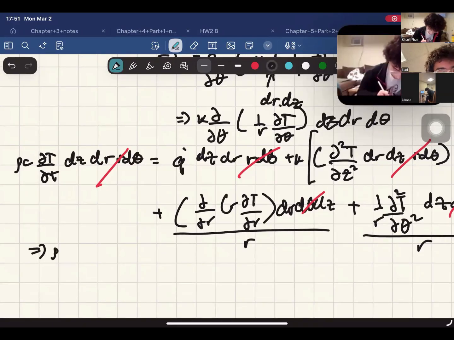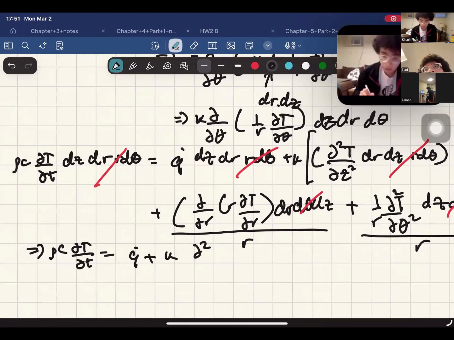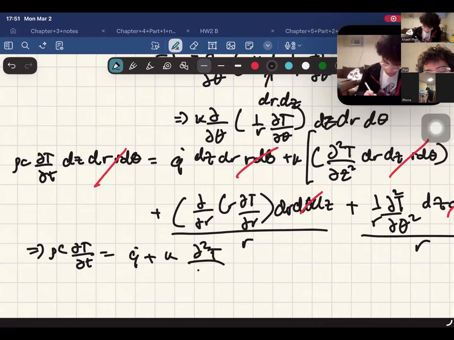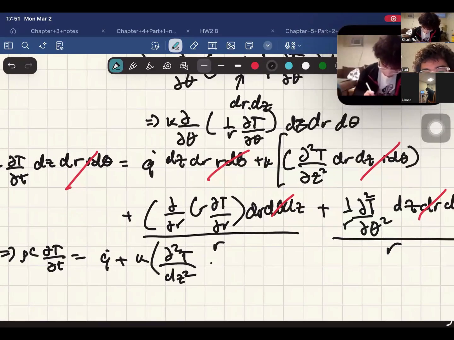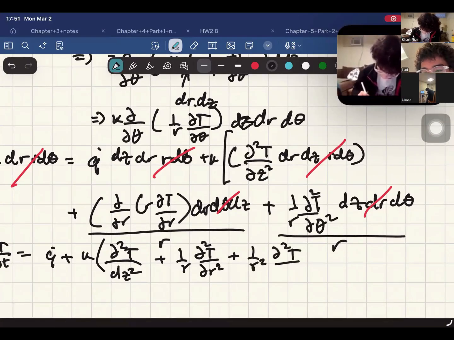So rewriting this entire thing, we would have rho C dT equal to Q plus k, the second derivative with respect to z, plus, let's just find the derivative of this. So we would just have 1 over r d/dr of r squared, plus 1 over r squared second derivative with respect to theta.